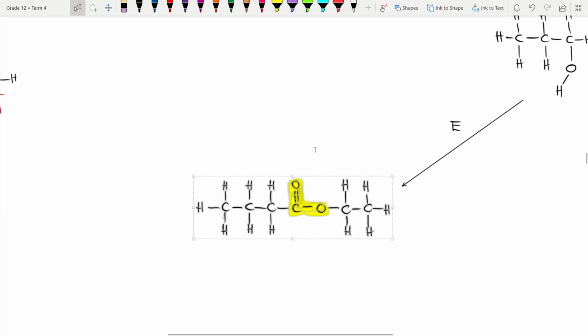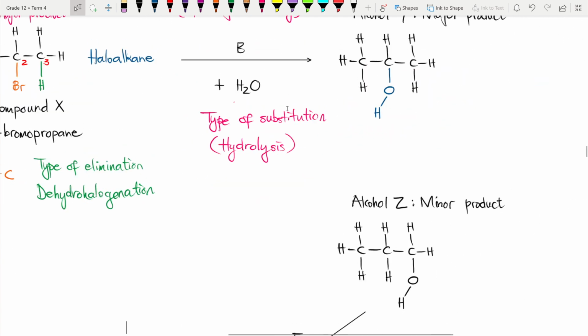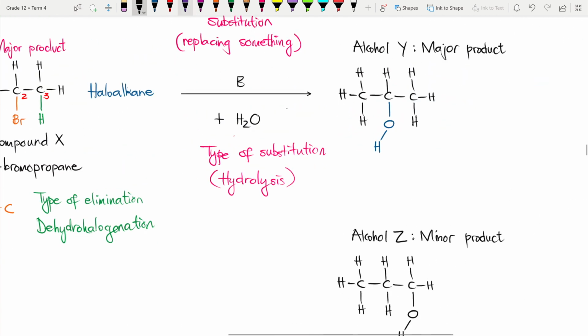Okay, good. So we haven't really named compound Y yet. So what is the IUPAC name of this compound Y molecule? This one. Propan-2-ol.